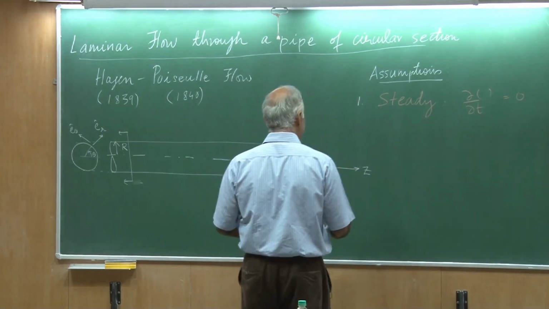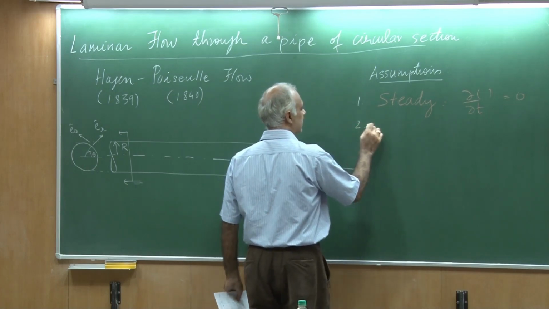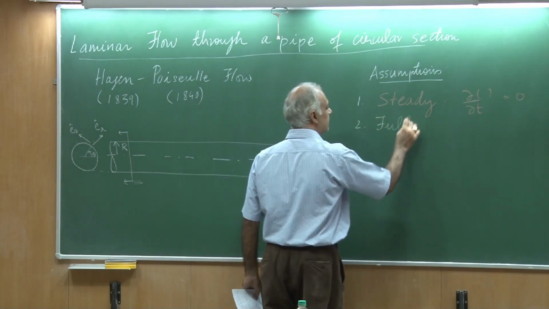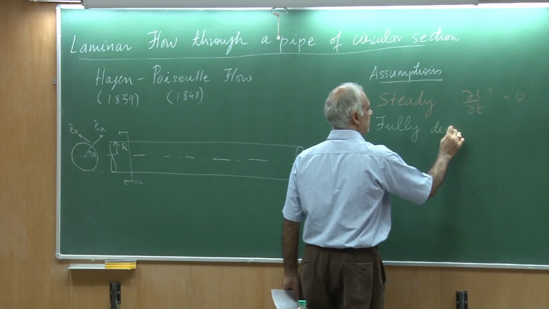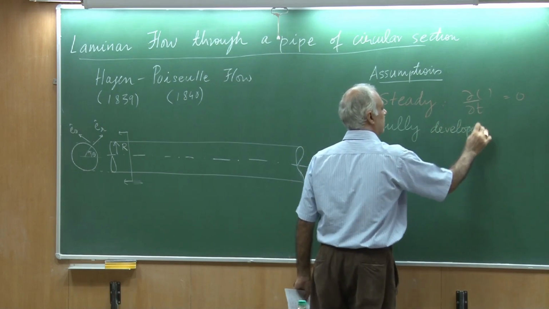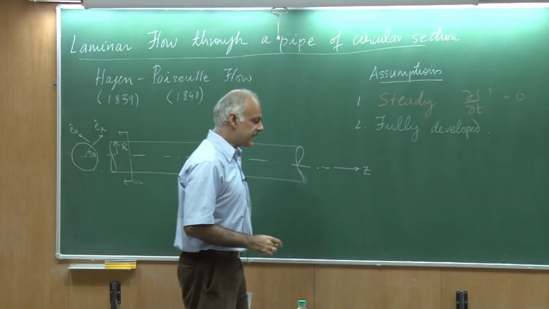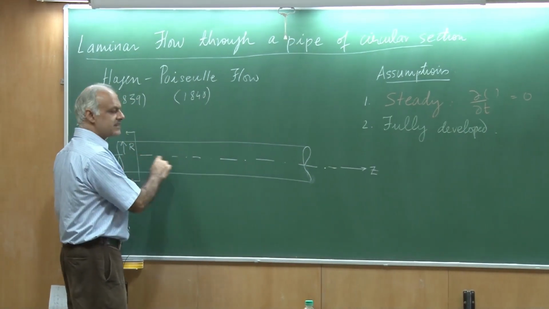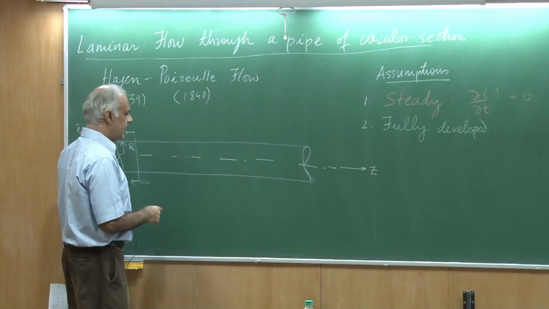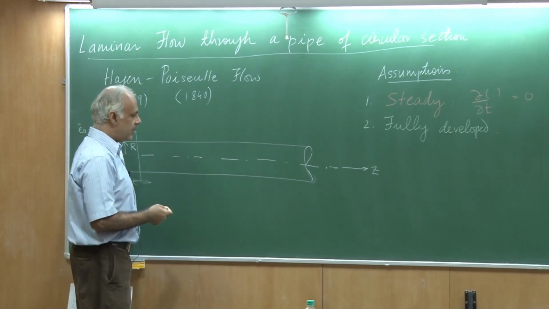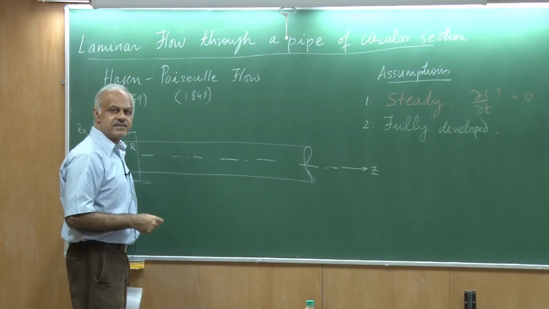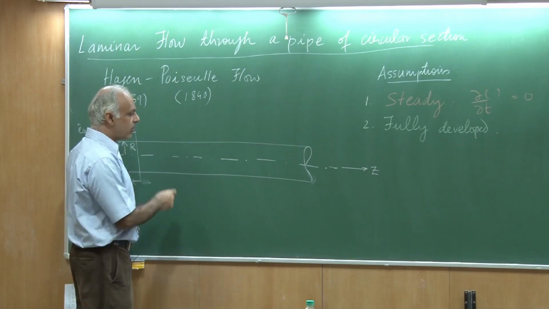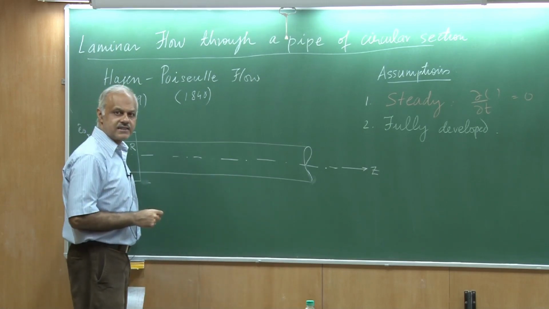The next assumption is that the flow is fully developed. We looked in detail at the meaning of fully developed. Essentially this is an infinite pipe. There would be an entrance length, but we are well beyond the entrance length. So the flow is not changing with the z direction.